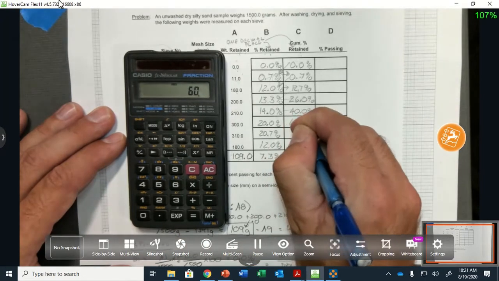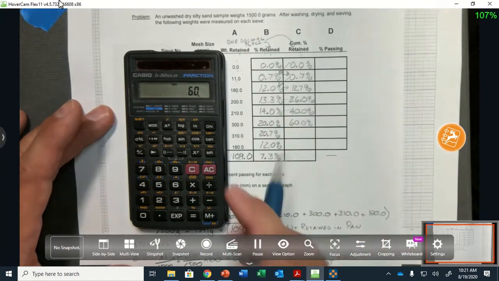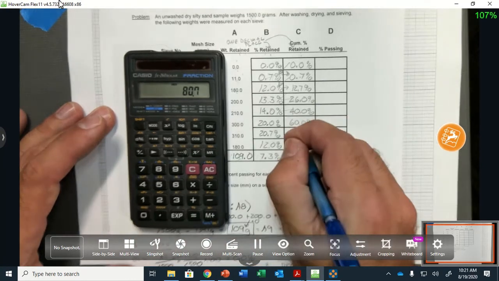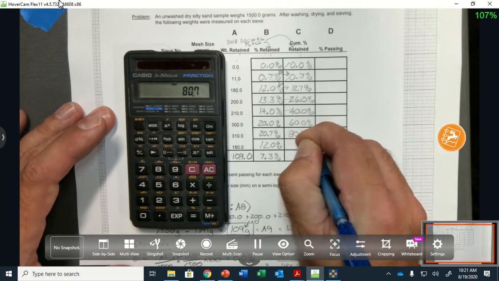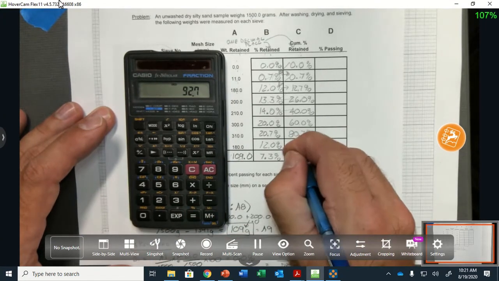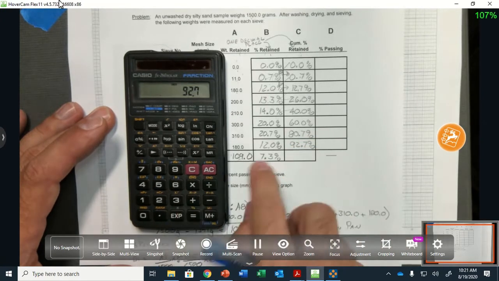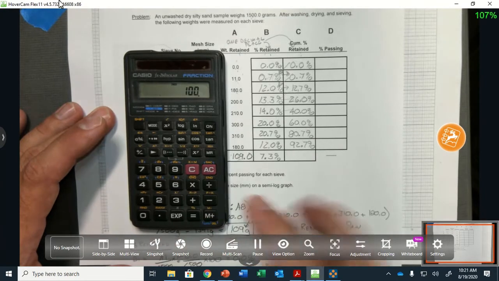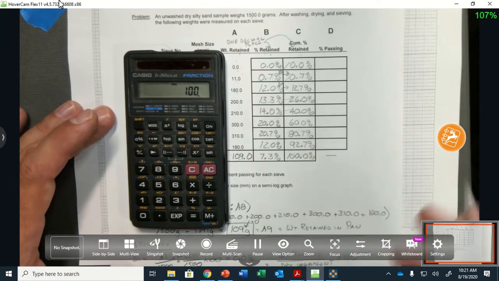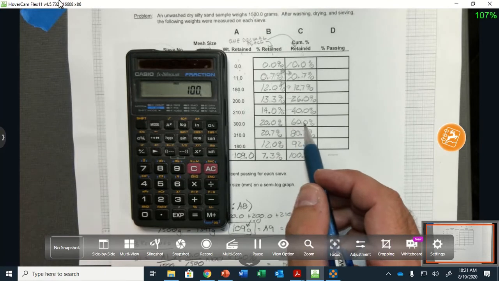This will be 60.0%, right? 40 plus 20 equals 60. And then I'm going to add 20.7. This is 80.7% plus 12, 92.7% plus 7.3 equals 100.0%.